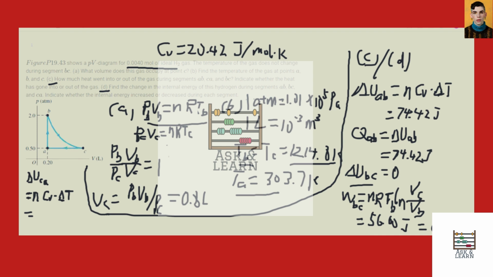So the value is negative 74.42 joules, which is just opposite to this one.